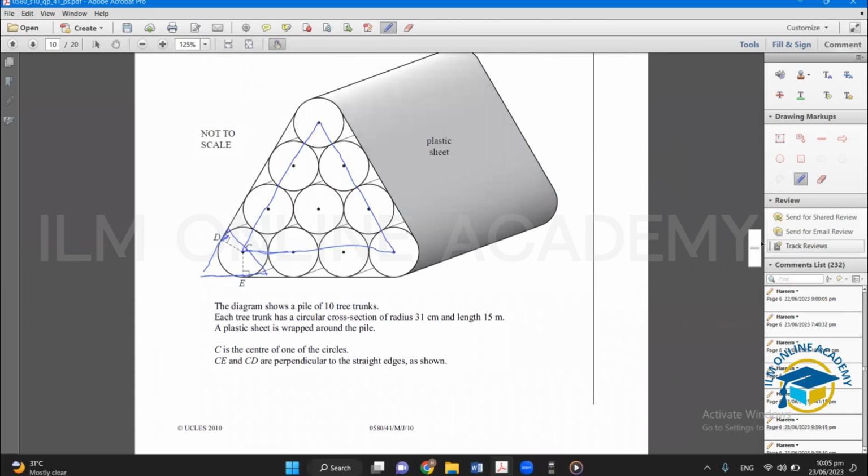Okay, there are some things I want to discuss. There's a circle, this circle, and I am pointing out its center.